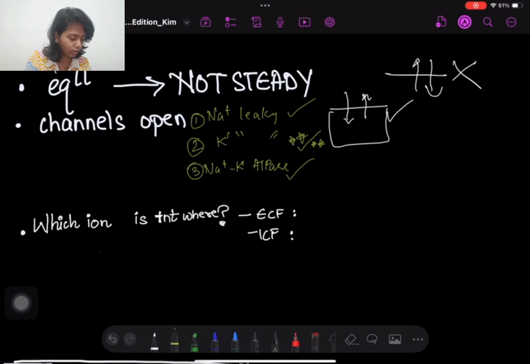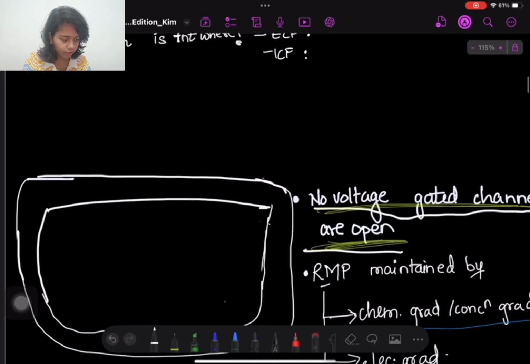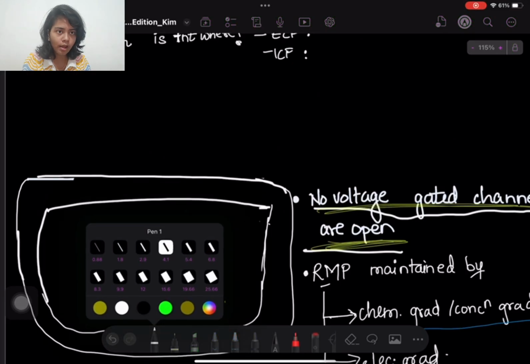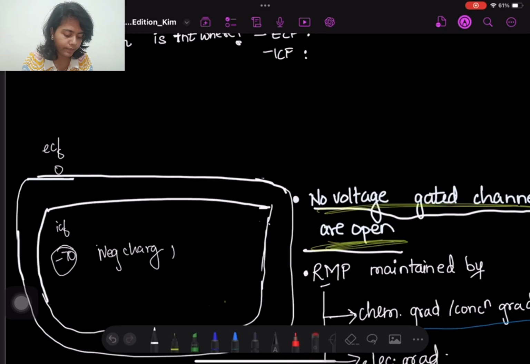Now, this was one important point, which channels are open, and the other important point is which ion is present where. So pay attention. Okay, I'll explain it clearly. ECF and ICF, this is the outside, this is the inside. See, the ICF was minus 70 millivolts, meaning inside the cell is negative, meaning what will be more inside?